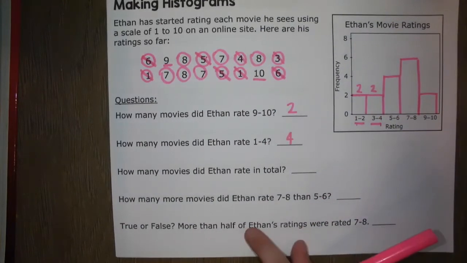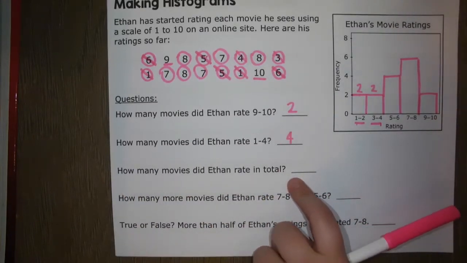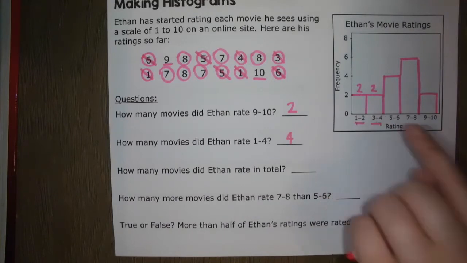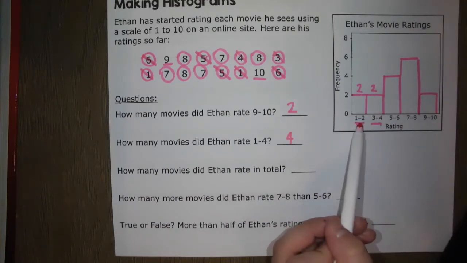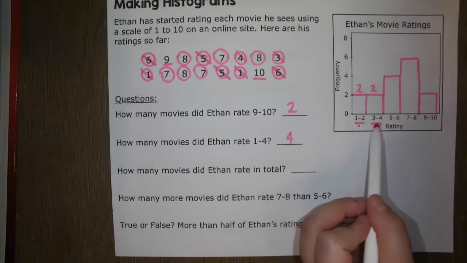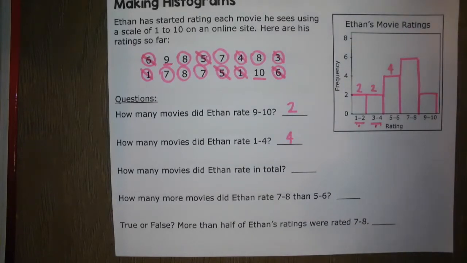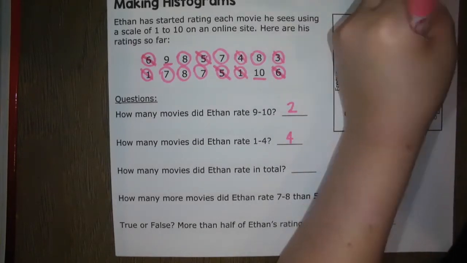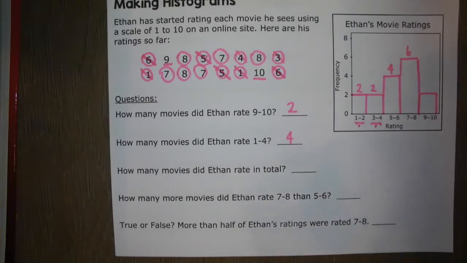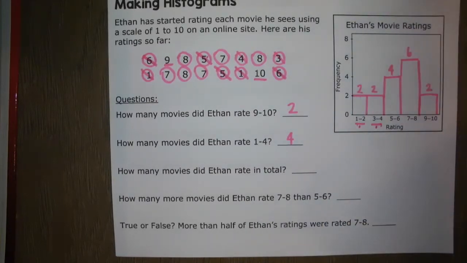Next one. How many movies did he rate in total? Well, we kind of already got started on the work for this. He rated 2 movies from 1 to 2, 2 movies from 3 to 4. He rated 4 movies from 5 to 6, 6 movies from 7 to 8, and 2 movies from 9 to 10.